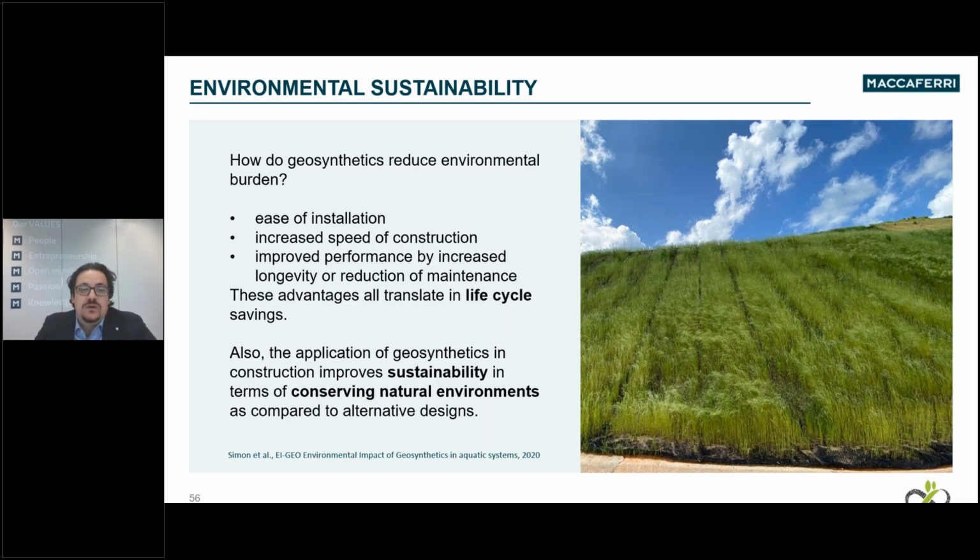This also means that you can increase the speed of construction, and this improves the performance of your structure and reduces its maintenance. All these things increase the sustainability of your design and of your structure, while also conserving the natural environment of your designs.